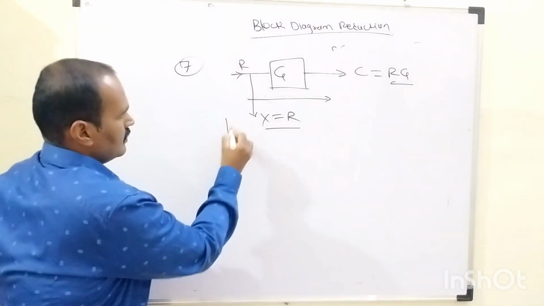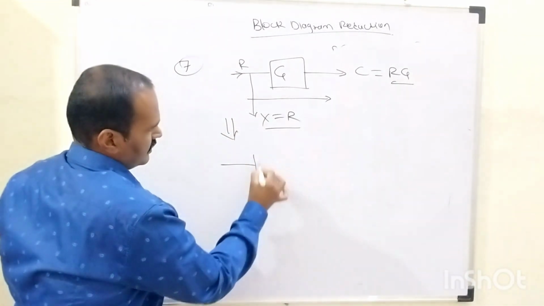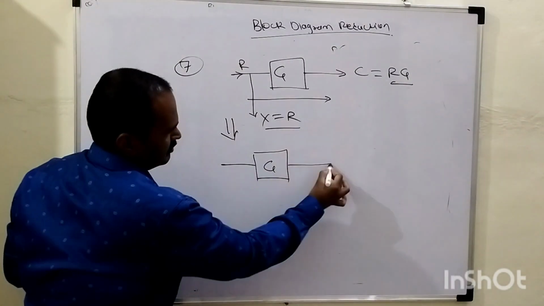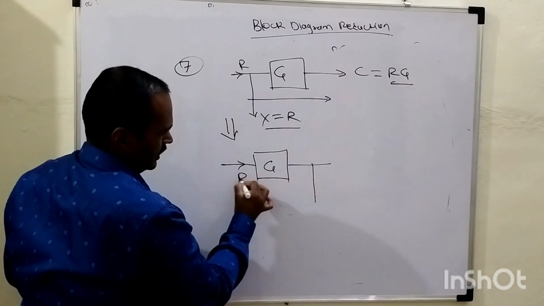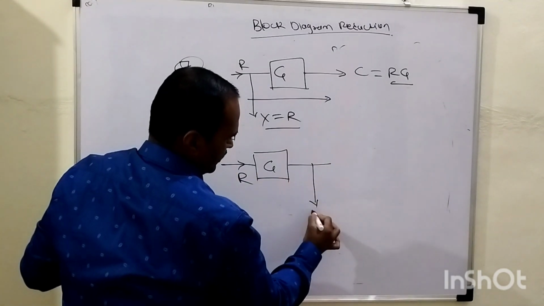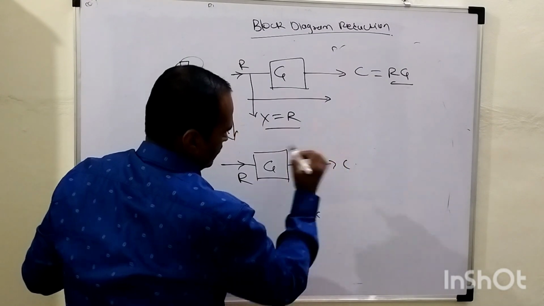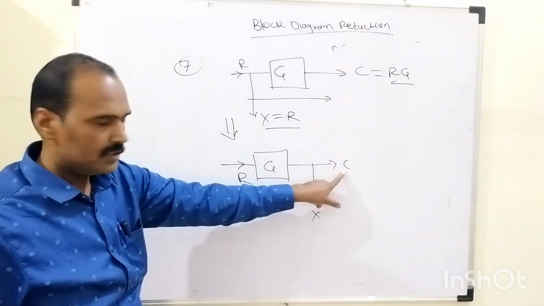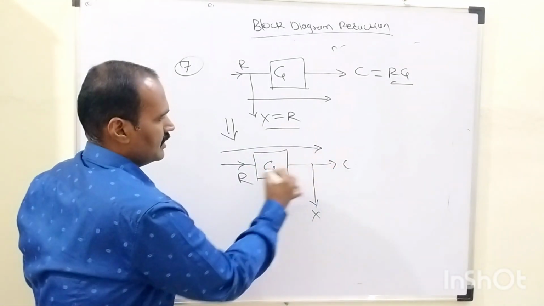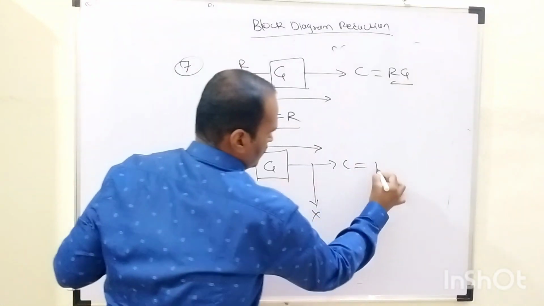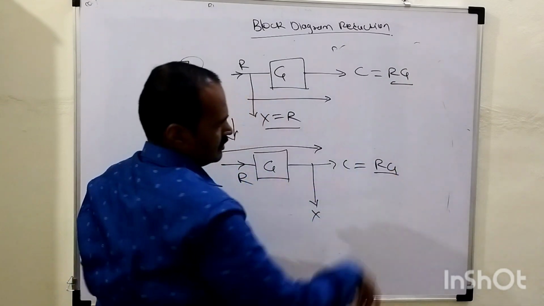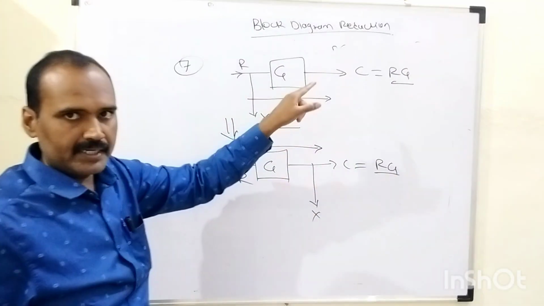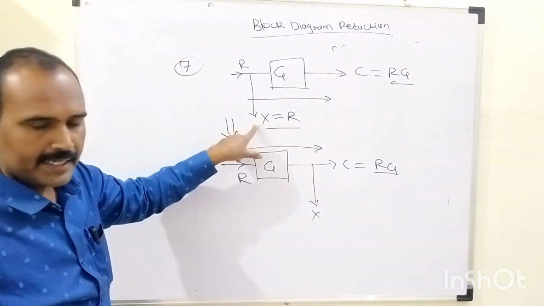So in that latter part, when I shift this takeoff point directly after this block like this, suppose this is R, this is the magnitude of this takeoff point X, and this is C. Initially here C equals the output of this part, so R into G is C, just exactly similar to the previous case. That statement is retained. But what about this X?